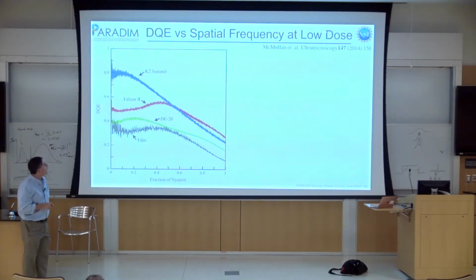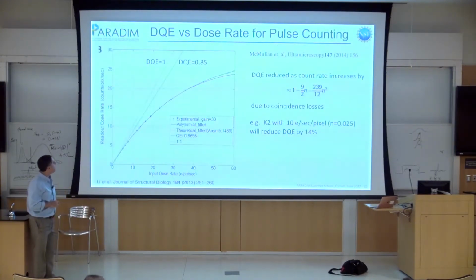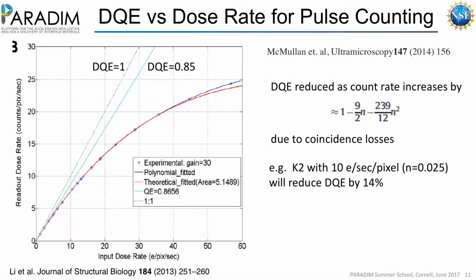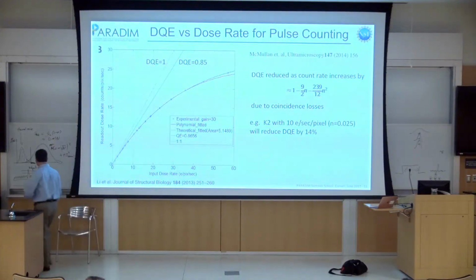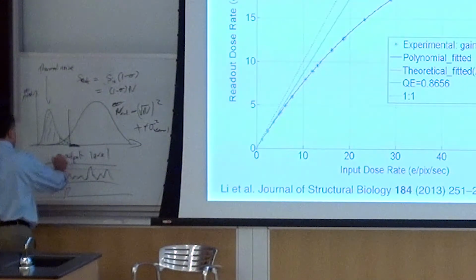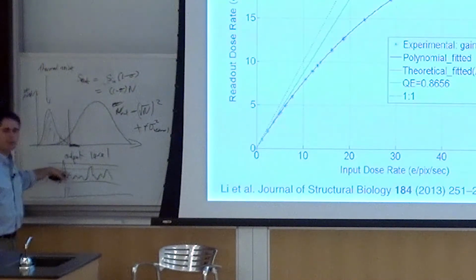Now, I said this was at low dose rate. And that's because the way these detectors work is they're counting individual electron pulses. You have electronics that, when this detector picks up an edge that goes high, add 1 to the counter, and then try to get rid of the charge in the silicon.